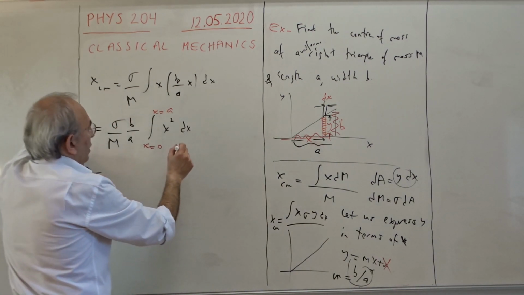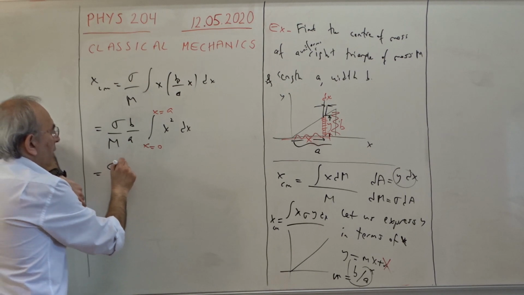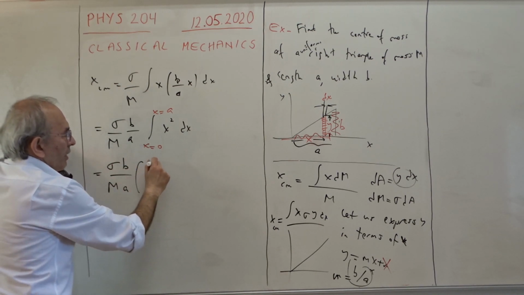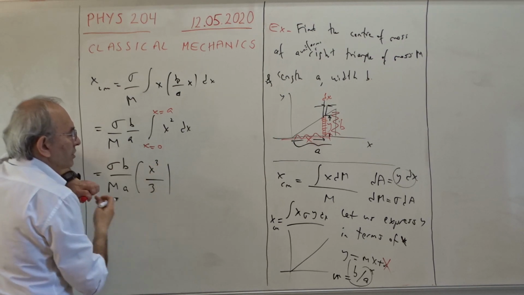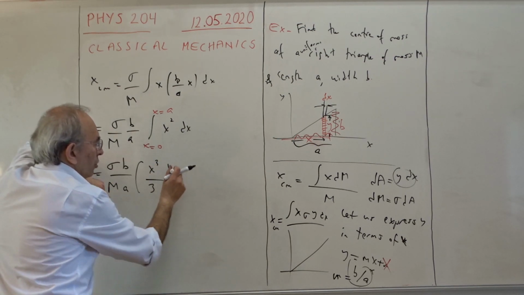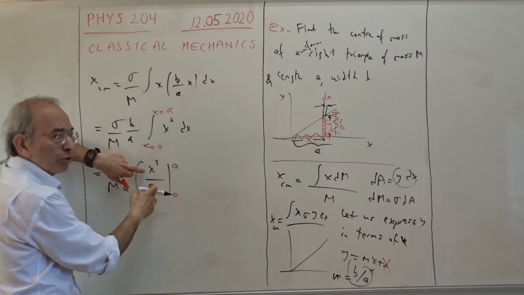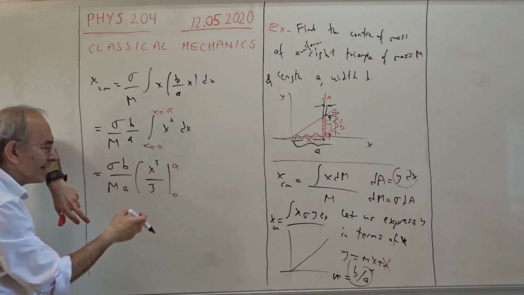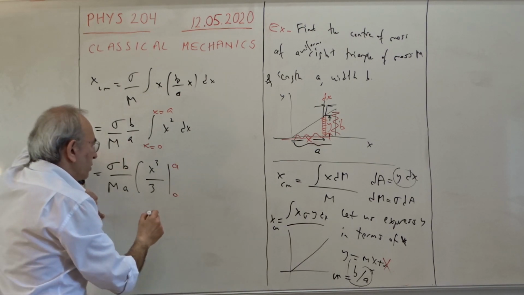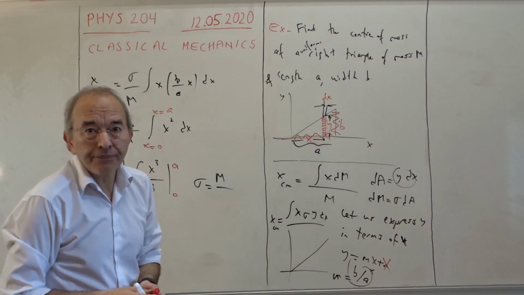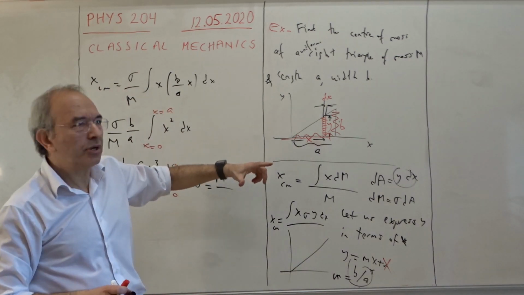Therefore, it is the constants sigma b over M a multiplied by x to the 3 over 3. Limits are from 0 to a. If you put it in, this is a cubed over 3. If you put sigma as total mass, what is sigma? Total mass per total area. What is the area of such a right triangle?